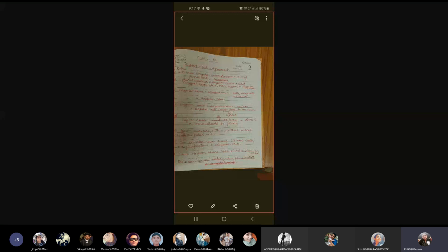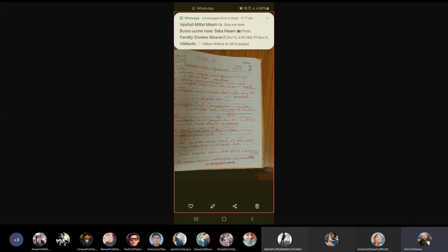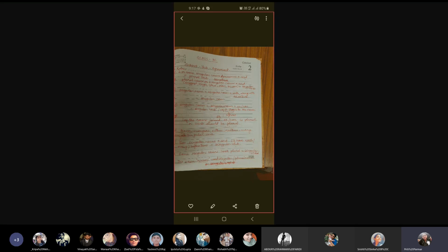If two or more singular nouns or pronouns are joined by the word and, then the plural verb is to be used. Like, supposing, Ram and Shyam are friends.